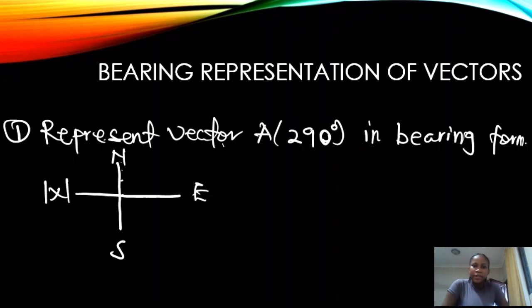When representing this, we already know that each angle between all the cardinal points is 90 degrees. So we start from the north, we come here, 90 degrees. Is it up to 290? No. We come here again, another 90. When we sum it up, it's 180. Still not up to 290 degrees.